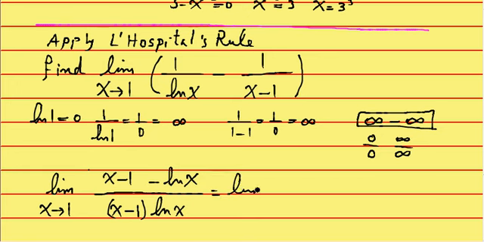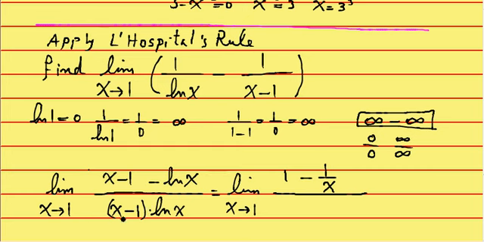So by L'Hopital's rule, if this limit exists, I'll be done. Which limit is that? Take a derivative of that. I'll be a bit fast. Derivative of x is 1. Derivative of 1 is 0. Derivative of logarithm of x is 1 over x. Here I have to work harder. Derivative of first times second.